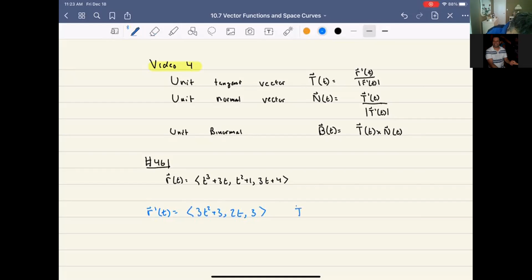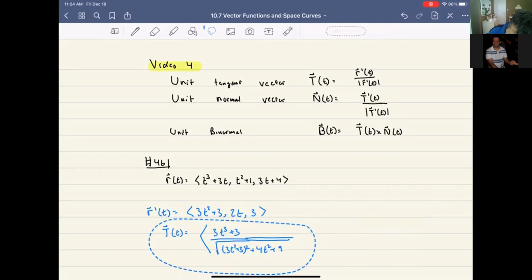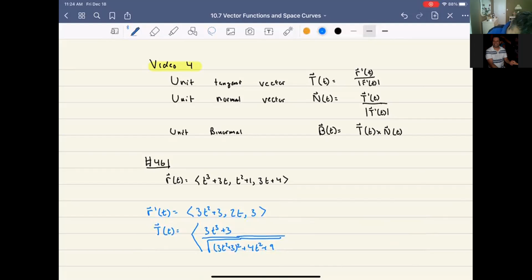So T of t is going to equal, I'm going to divide each term by the length. So we're going to get 3t squared plus 3. Well, let me write it. Yeah, let's do it this way. The norm is what? Oh, the square root of 3t squared plus 3 squared plus 4t squared plus 9. Oh, that's nasty. Okay.